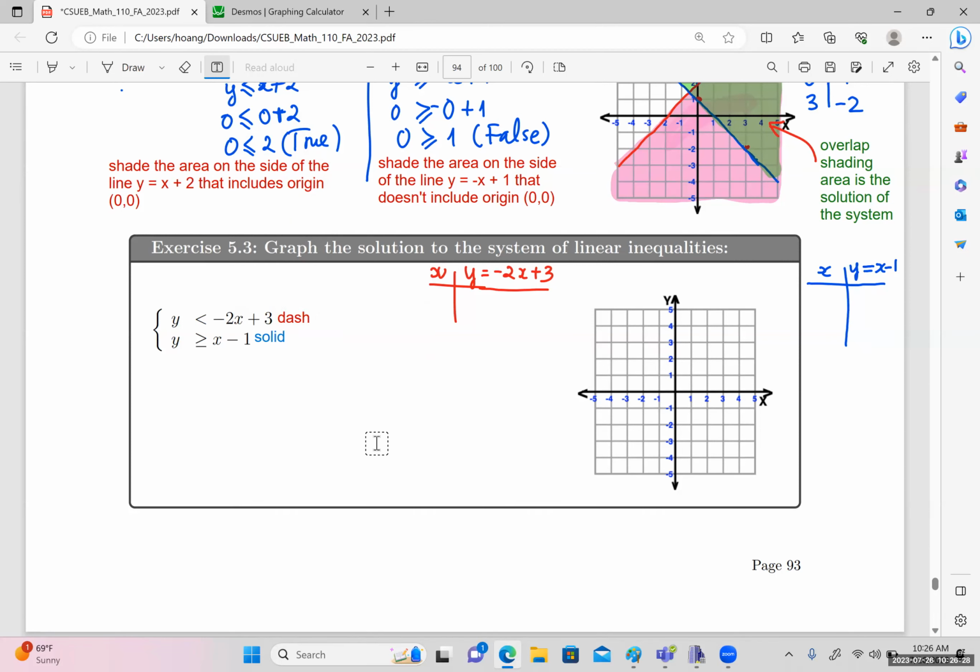So I will have 0, -1, and 1, 0, right? And this one will be 0, 3. Actually, use the other color.